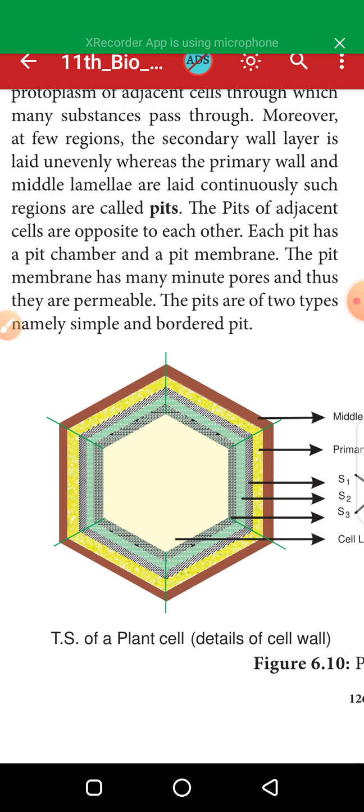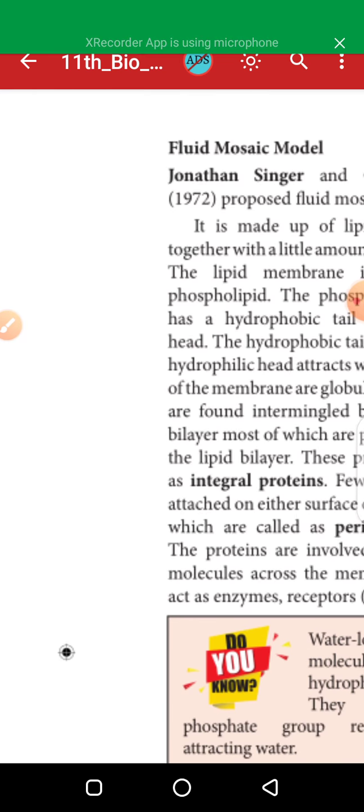Such regions are called pits. The pits of adjacent cells are opposite to each other. Each pit has a pit chamber and a pit membrane. The pit membrane has many minute pores and thus they are permeable. The pits are of two types, namely simple and bordered pit.